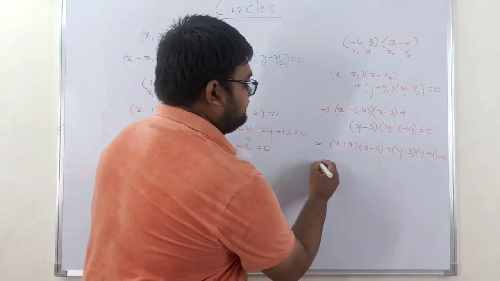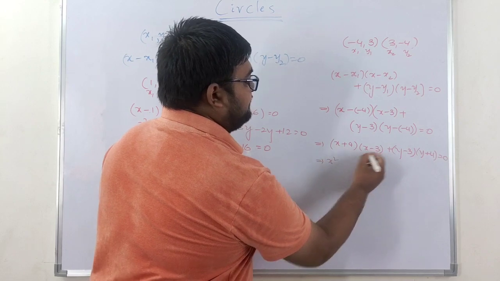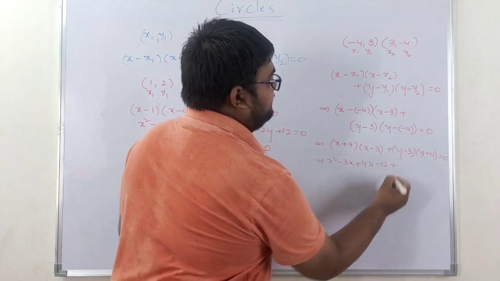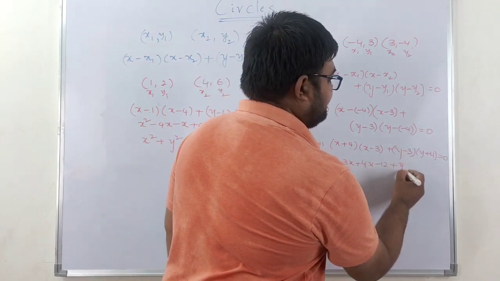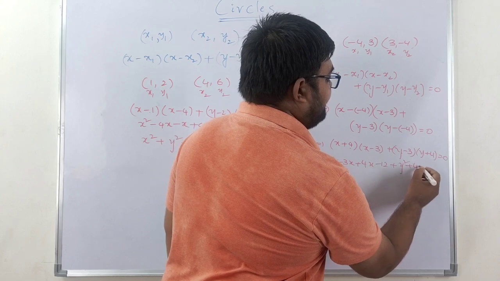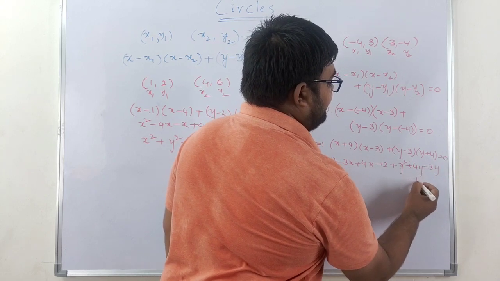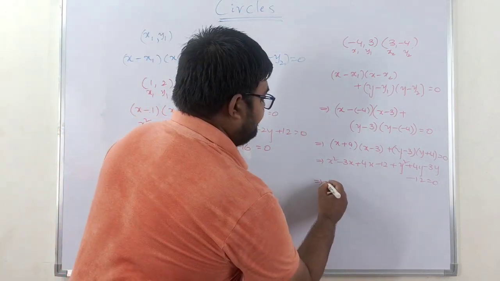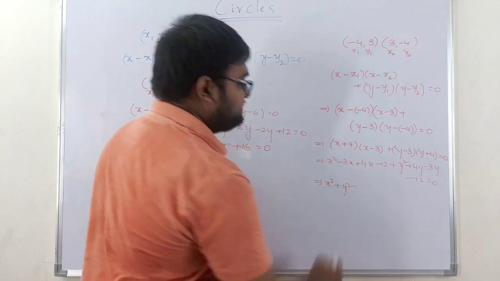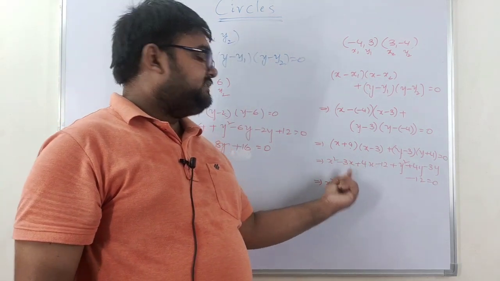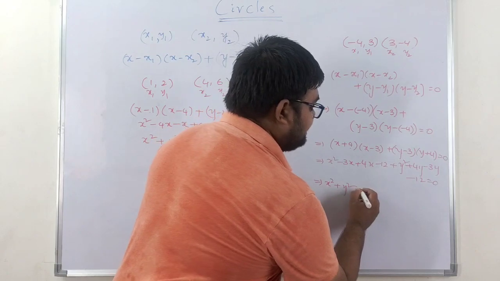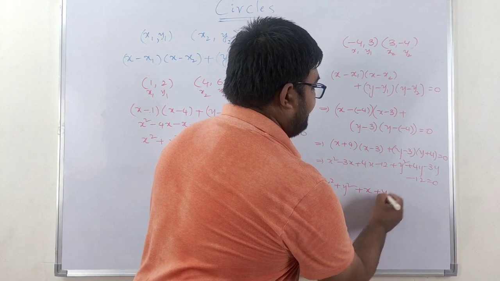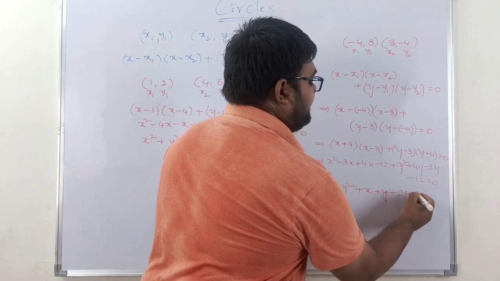So on simplification, what are we going to get? x square minus 3x plus 4x minus 12, plus in the same way y into y is y square plus 4y minus 3y minus 12 is equal to 0. Now writing them in order: x square plus y square, after that 4x minus 3x is nothing but x, in the same way the y terms 4y minus 3y is y, and minus 12 minus 12 is minus 24. Some students will write it as 0, but minus 12 minus 12 is minus 24.